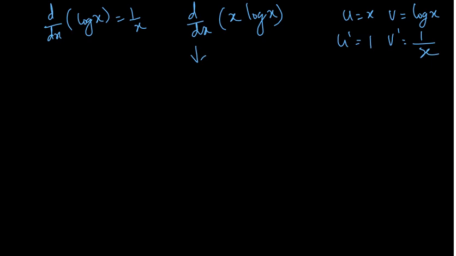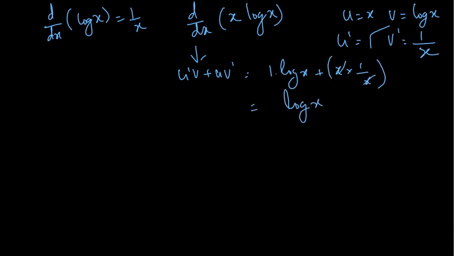So the formula u dash v plus uv dash is equal to 1 into log x plus x into 1 by x. So this x gets cancelled: log x plus 1. Clear?